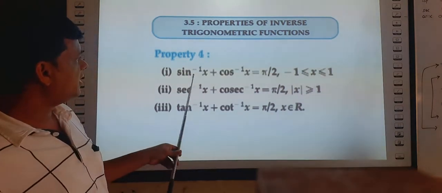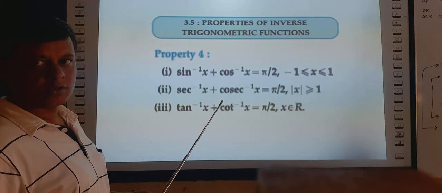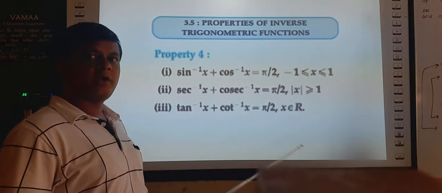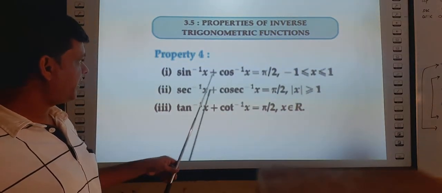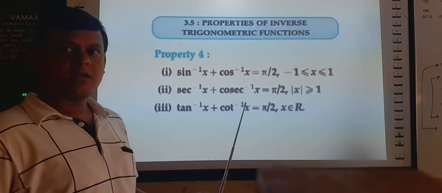So it is easy while writing sin inverse x, cos inverse x, its value is pi by 2. So we remember the opposite property: sin cos are opposite, sec cosec are opposite, tan cot are opposite.